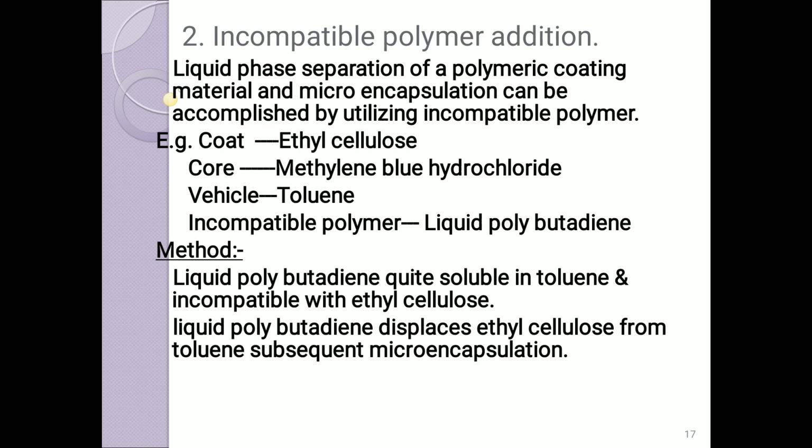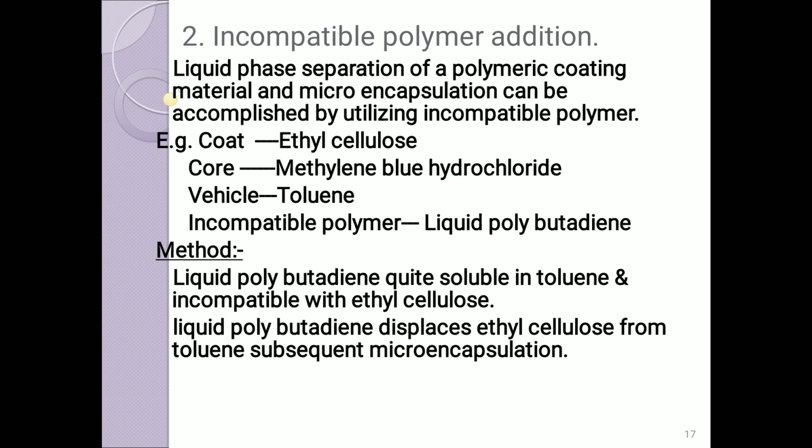So first, in the vehicle we dissolve the drug and ethyl cellulose. Firstly, the ethyl cellulose is dissolved with the drug in toluene, so you obtain a very clear solution. But when you add the incompatible polymer, that polymer is dissolved more as compared to ethyl cellulose.